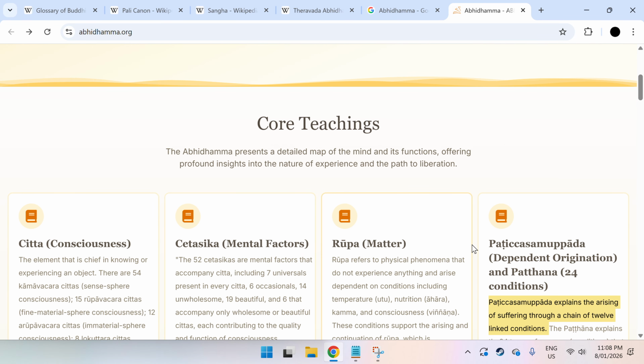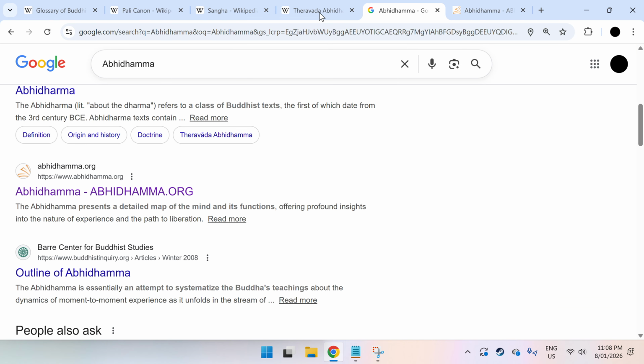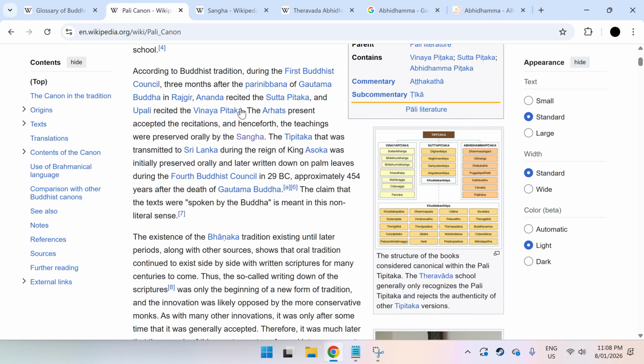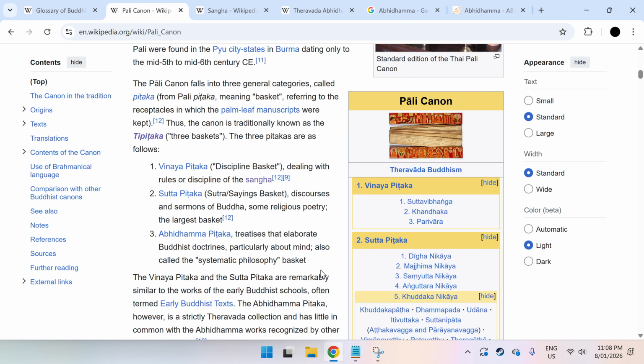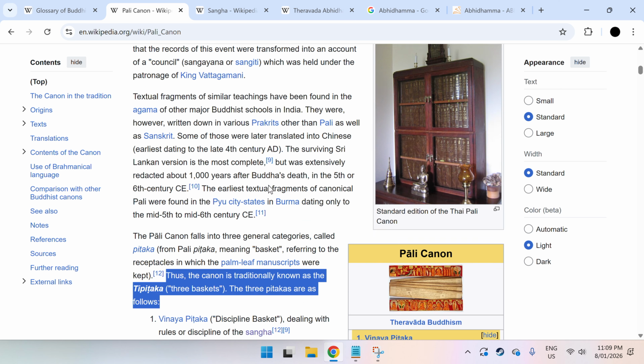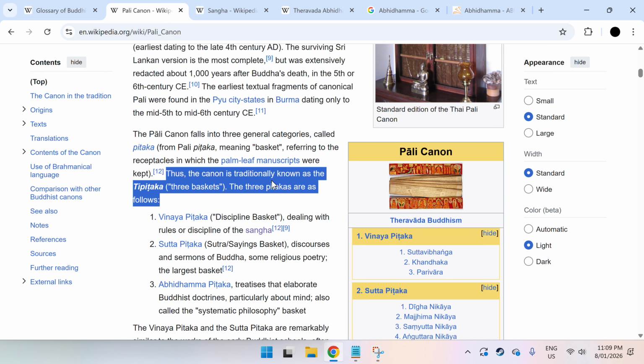But okay, in summary, if we go back to the Pali Canon, this is probably the best way to explain it at this point. The Abhidhamma, or the Abhidhamma Pitaka, is the third basket of the Pali Canon. Remembering that baskets were actually physical objects which they put the manuscripts into.